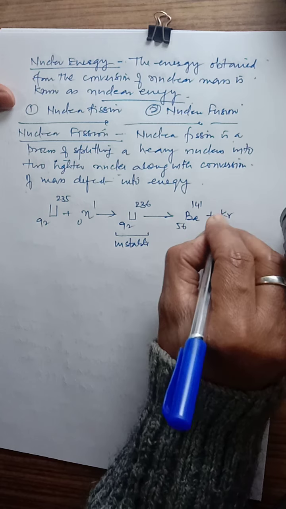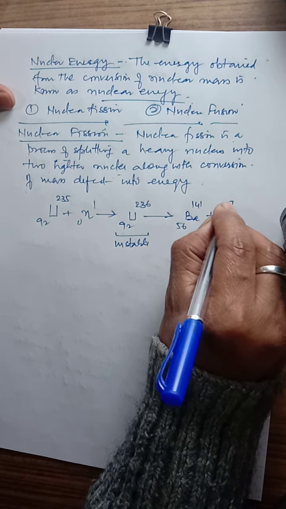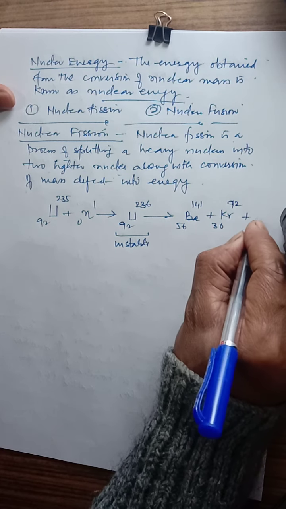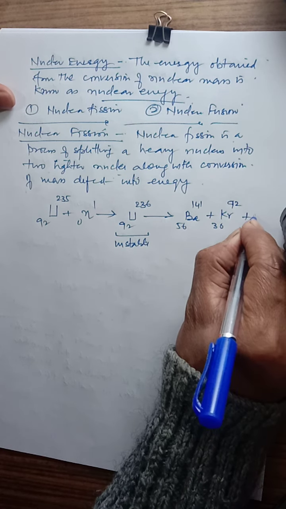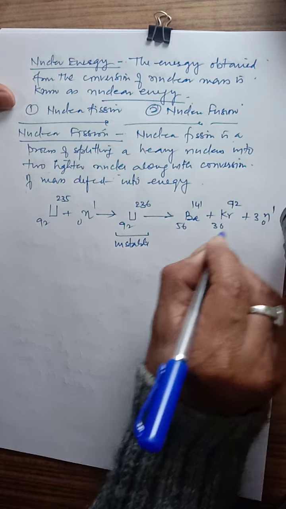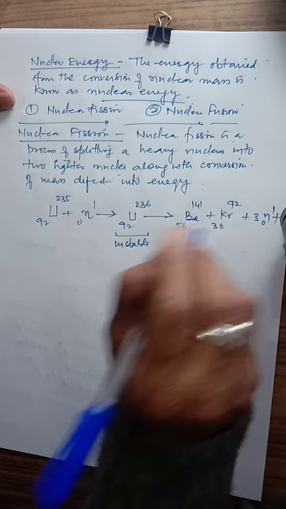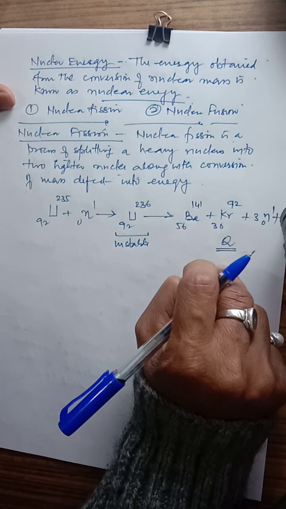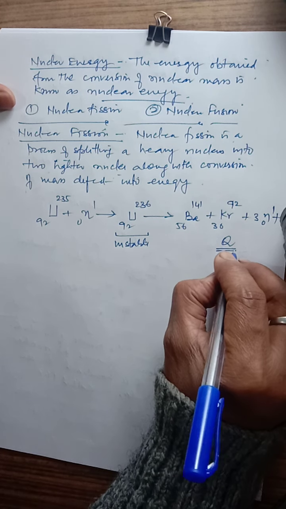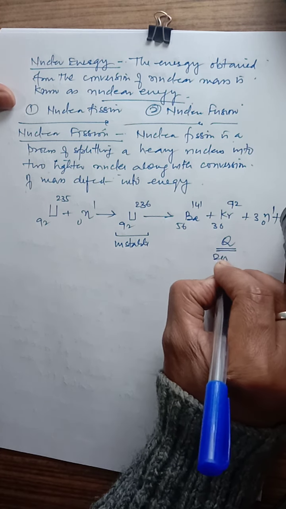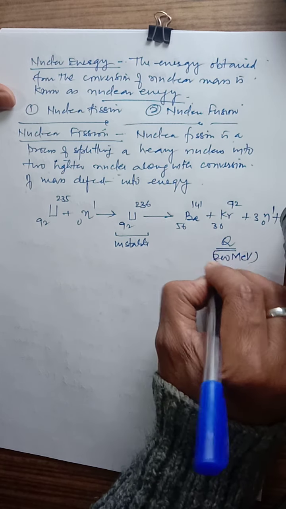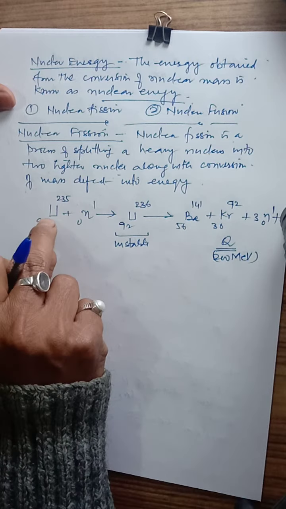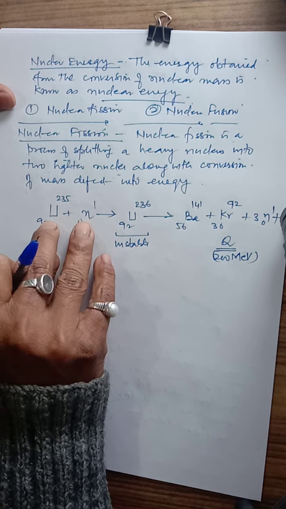Krypton is 36, the weight is 92. Along with this, we have 3 neutrons, plus we get energy, which is about 200 mega electron volts. So much energy is released when this uranium is hit by one neutron.